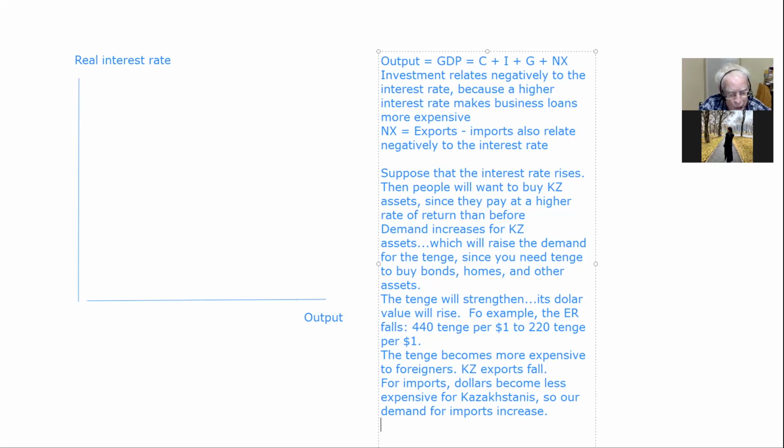So let's say exports will fall, imports will rise. So net exports from Kazakhstan will decrease because of the higher interest rate.